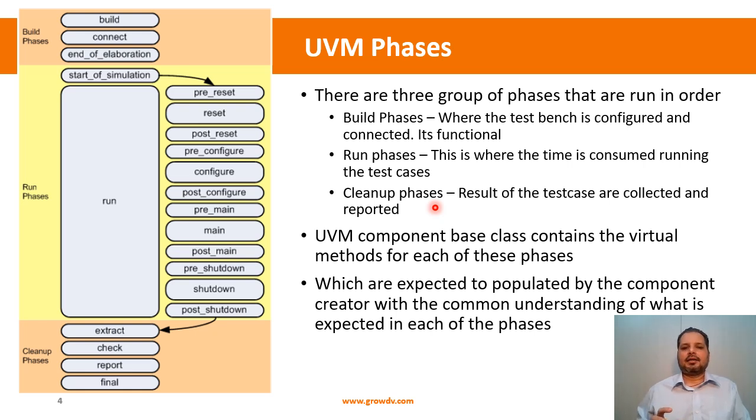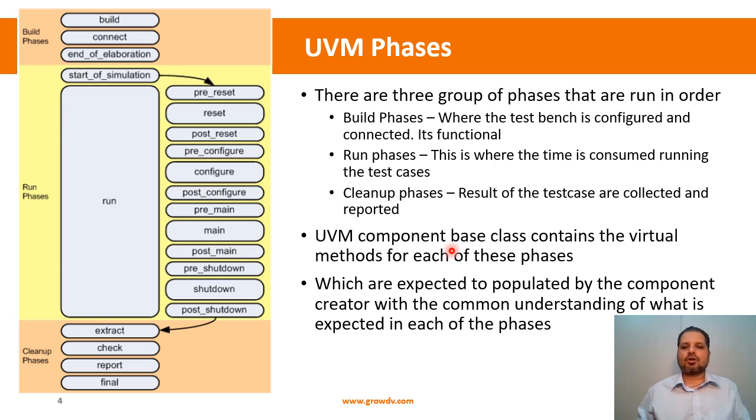The way this works is that the UVM component base class contains the virtual methods for each of these phases. Except the run phase, right, the rest are all functions, so they don't consume any time. It's only the run phase that consumes time, so it's made up of tasks.